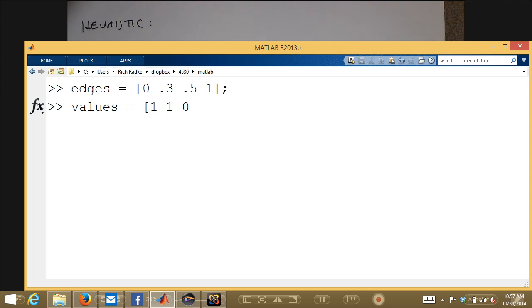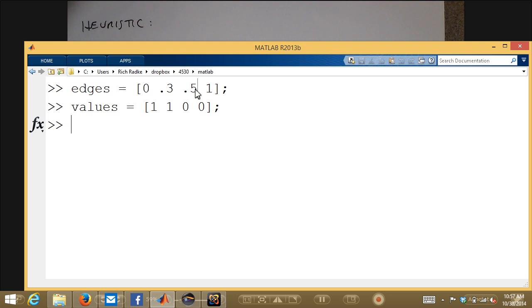This is saying that between 0 and 0.3, I want a passband value of 1. Between 0.5 and 1, I want a value of 0. And here, these edges are really this times pi. So what I'm saying is I want a passband edge of 0.3 pi and a stopband edge of 0.5 pi. Everything in the Matlab world is normalized by pi, okay?